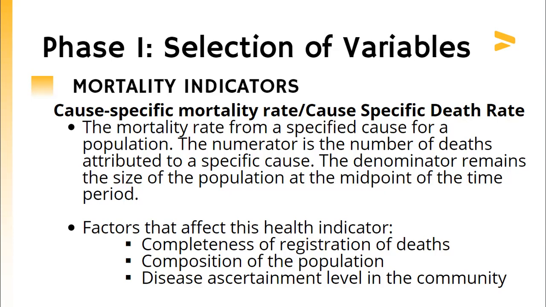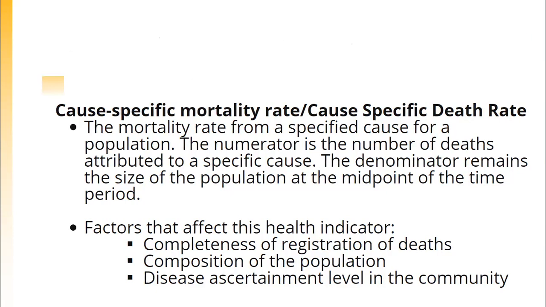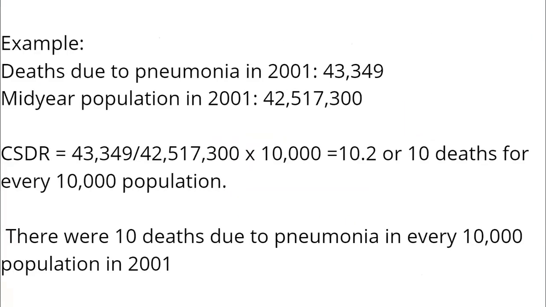So the factors affecting this health indicator are as follows: completeness of registration of deaths, composition of the population, and disease ascertainment level in the community. Here is an example.